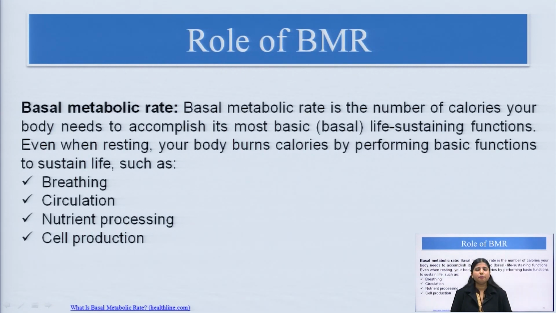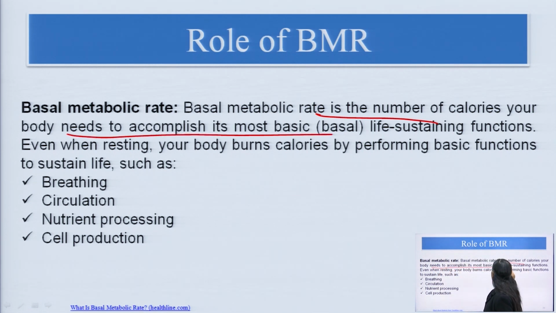Now, there is a term BMR, basal metabolic rate. Basal metabolic rate is the number of calories your body needs to accomplish the basic life-sustaining functions, meaning at the time of rest.